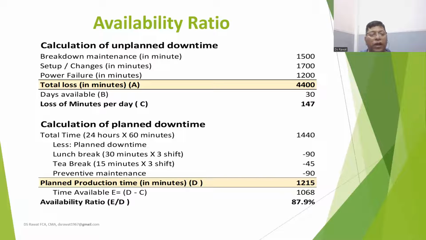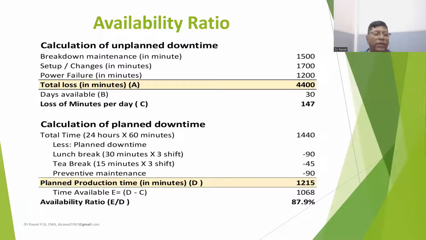Total available time is 24 hours multiplied by 60 minutes, which is 1440. Out of this, if we reduce the planned downtime, we come to 1215 minutes, which is the planned production time.